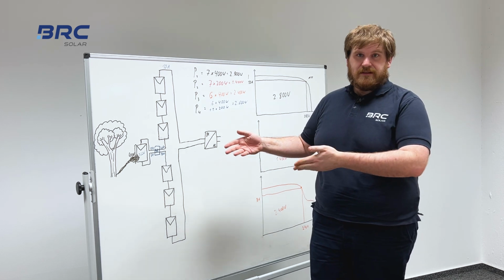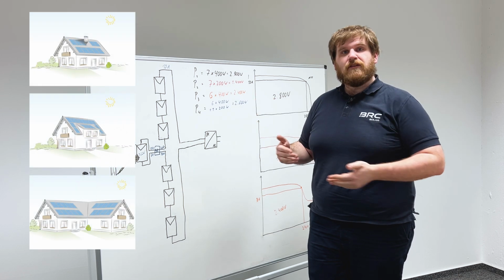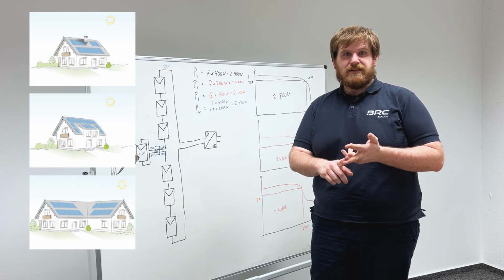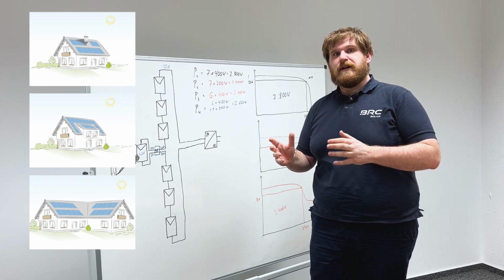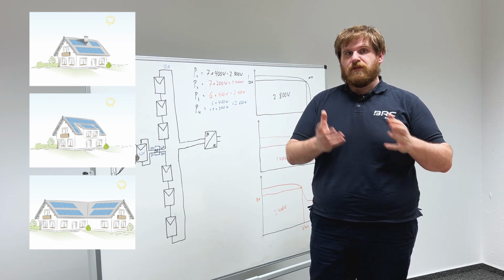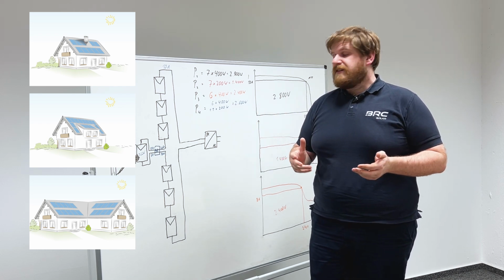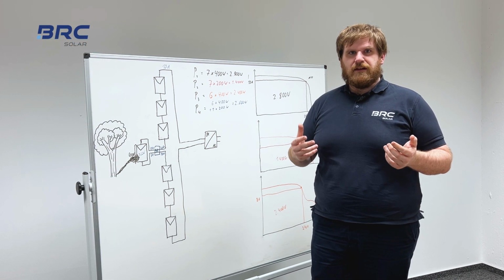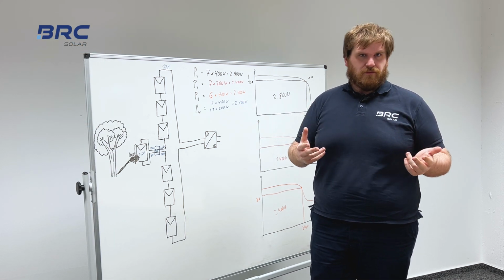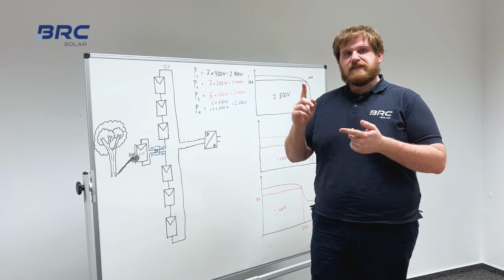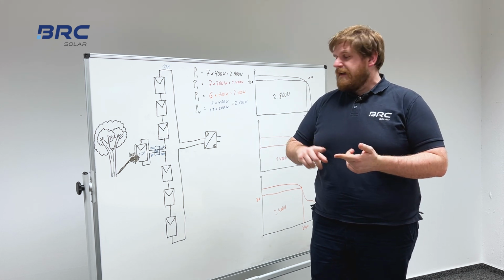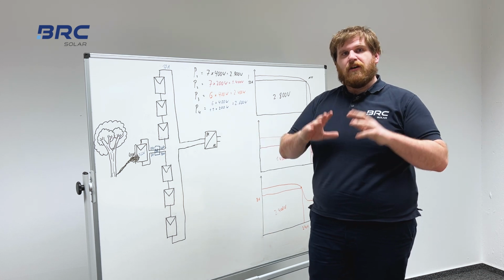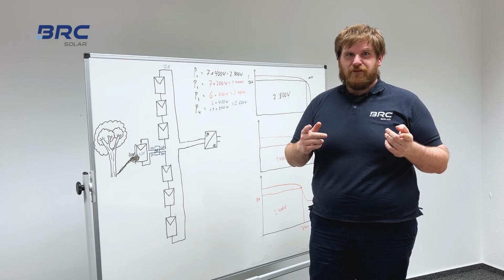So of course, in a case of shading, but also if you have a roof with different orientations, different inclinations, where you have to combine all the modules in one string. In that case, you can also use optimizers. So easier to say you have a difficult roof, yeah? Then with a smart planning of your string and an optimal use of your optimizers from BRC, you can make all these roofs suitable for photovoltaic.